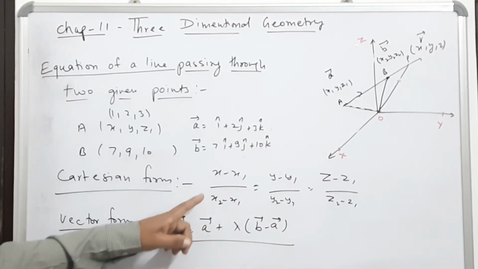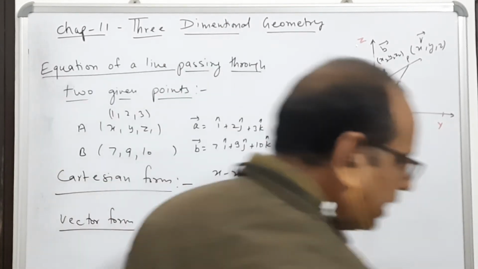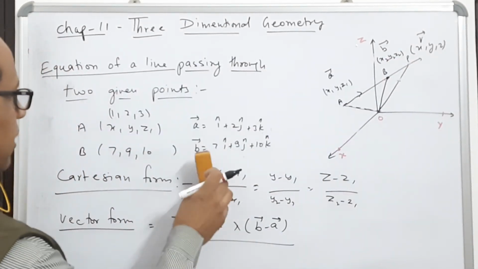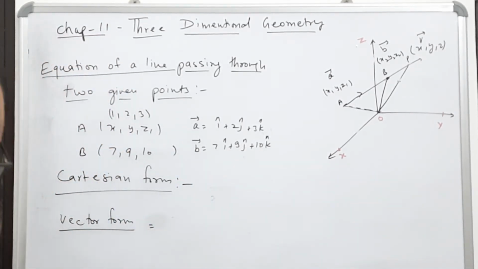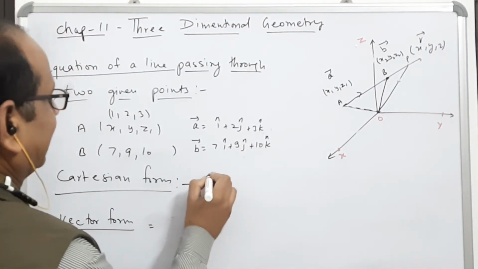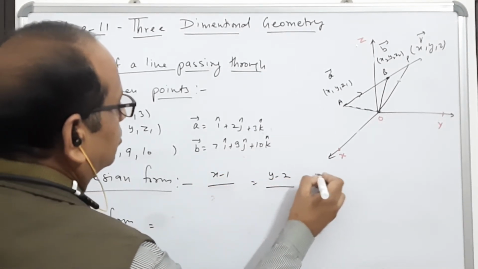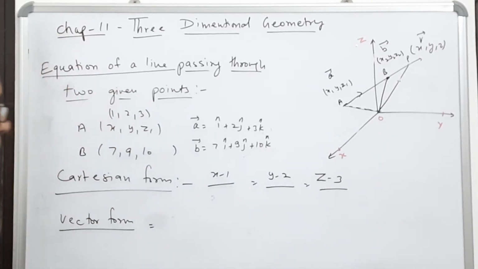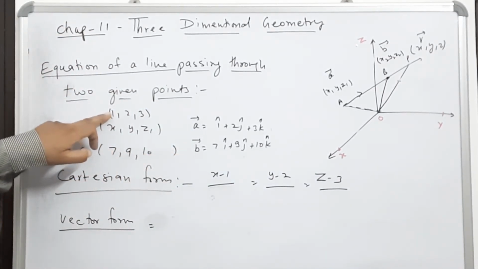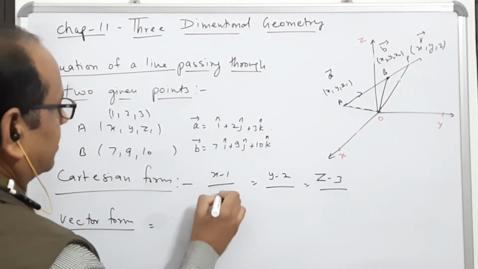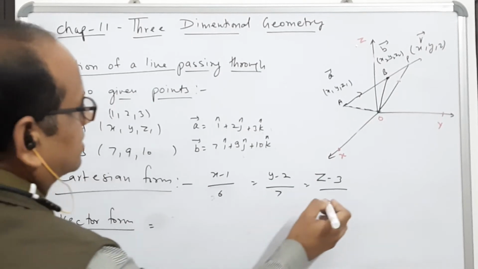Then what will be the equation of the line in the Cartesian form? I am explaining you with the help of this example now. The equation of the line in the Cartesian form will be, please see this now, (x minus 1), (y minus 2) and (z minus 3) upon 7 minus 1, that is 6, 9 minus 2, that is 7 and 10 minus 3, that is 7.